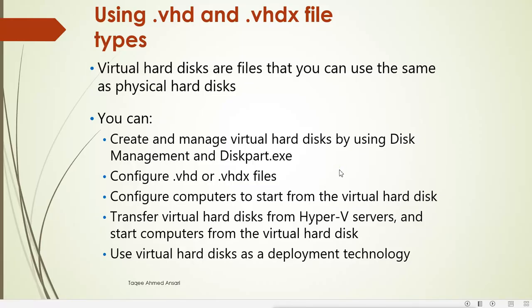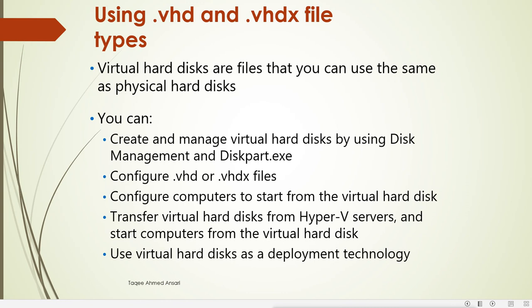Now next is this VHD, using .VHD or VHDX file types. Now this VHD is what? It is a virtual hard disk, and these virtual hard disks are files that you can use the same as physical hard disk also. These virtual hard disks are used for virtual machines. In Microsoft Windows, we have Hyper-V as a virtualization platform.